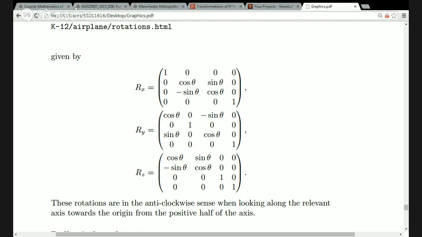This is the importance of using the left-handed system correctly instead of the right-handed system. You could set out from the very beginning and use the right-handed system, but the plus and minus signs in all of this would move around slightly. So it's important to stick to whatever the convention in play is.